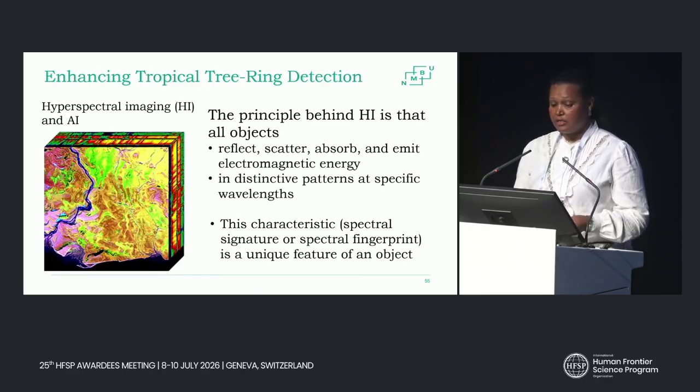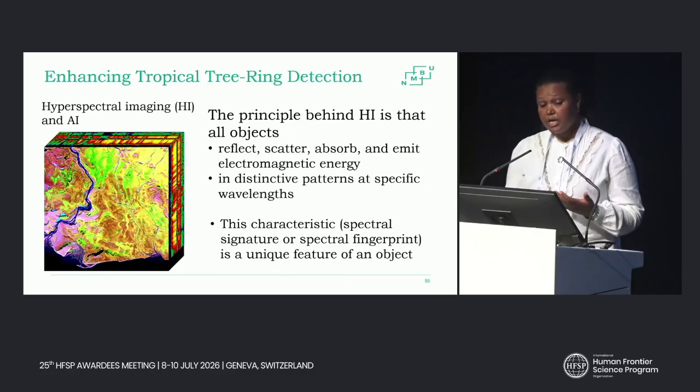These characteristics, also referred to as the spectral signature or spectral fingerprint, are a unique feature of an object which can be used to characterize an object in a pixel in an image.